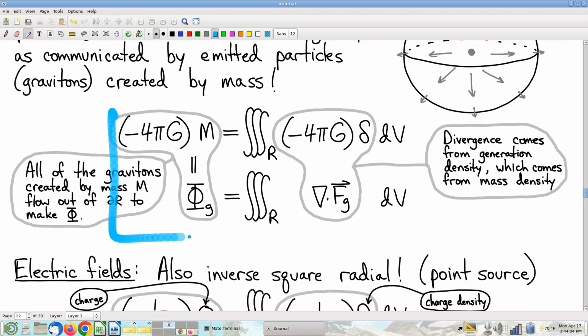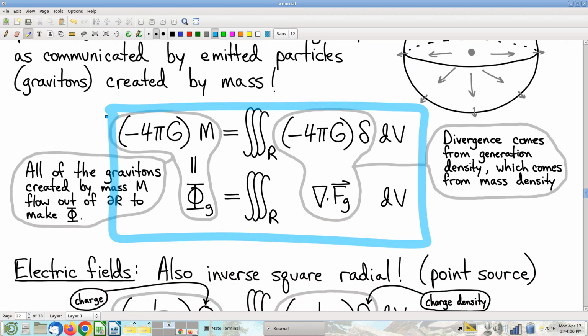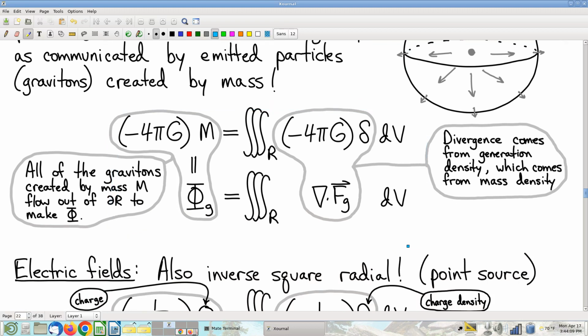So what I want to talk about now is this algebra right here. Ultimately, none of this is really that big of a deal, but let's take it little bit by little bit. First, let me temporarily ignore the common factors in this first equation, the common factor of negative 4 pi G. I'll come back to that in a minute.